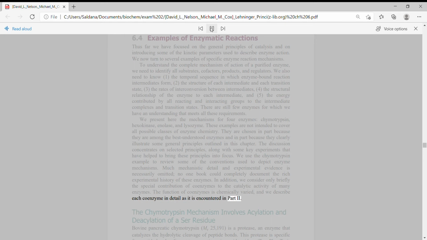The chymotrypsin mechanism involves acylation and deacylation of a Ser residue. Bovine pancreatic chymotrypsin, Mr 25,191, is a protease, an enzyme that catalyzes the hydrolytic cleavage of peptide bonds. This protease is specific for peptide bonds adjacent to aromatic amino acid residues: Trp, Phe, Tyr.